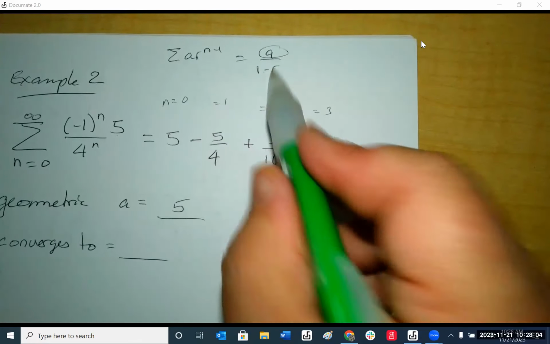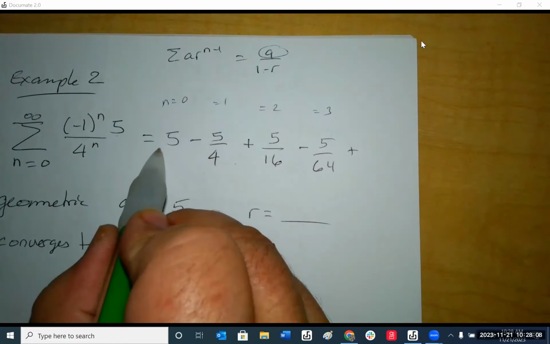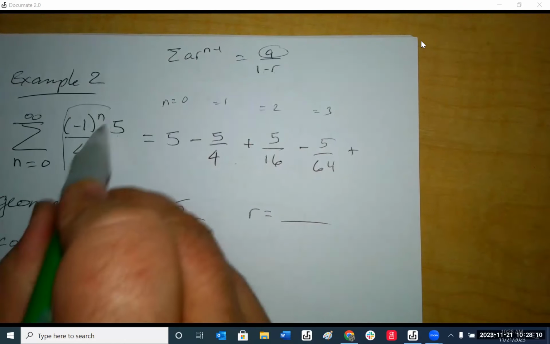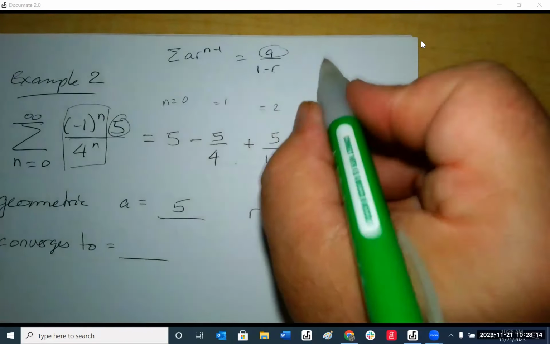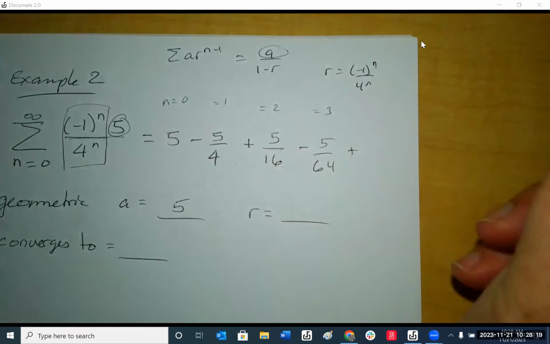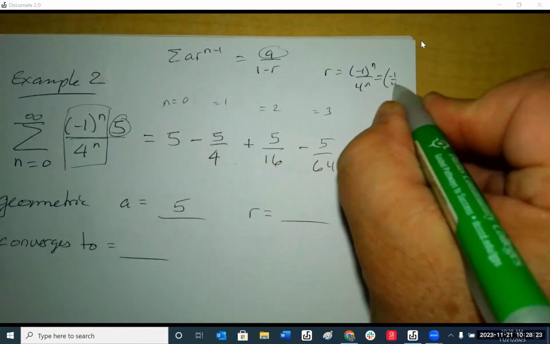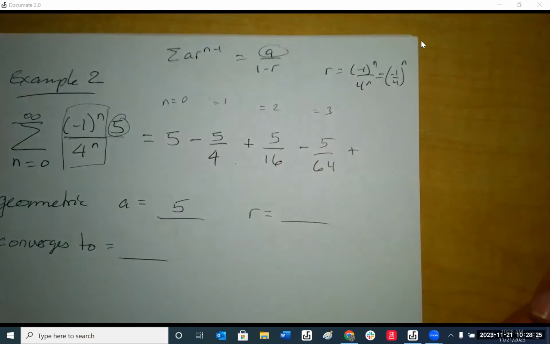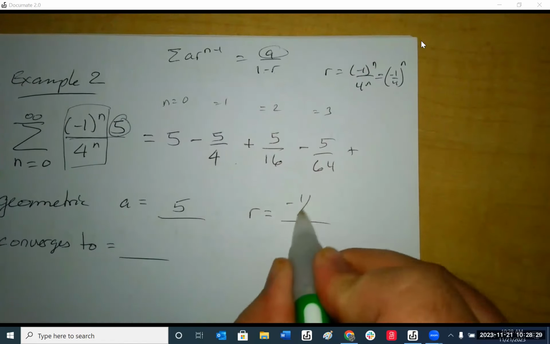So the top number is our A. And what's our ratio? If that's A, then our ratio is negative 1 to the power n over 4 to the power n, which is negative 1/4 to the power n. So it's negative 1/4.